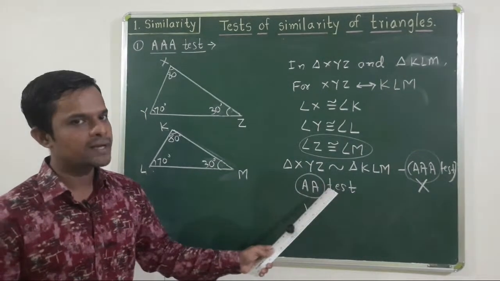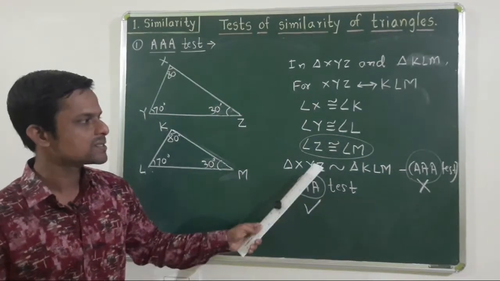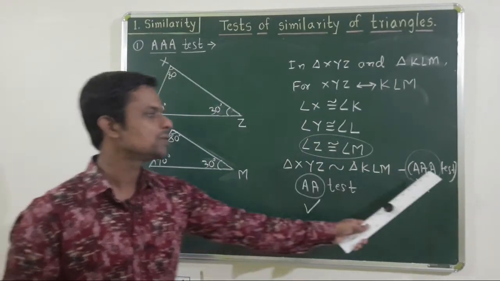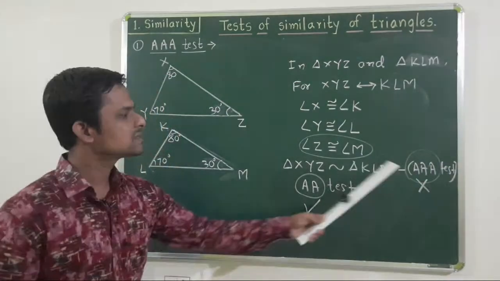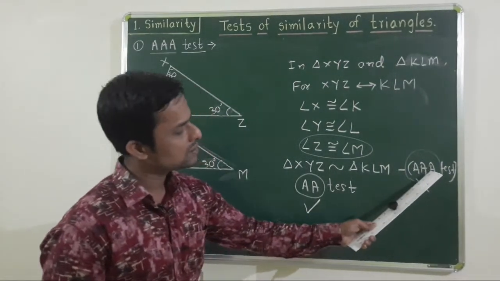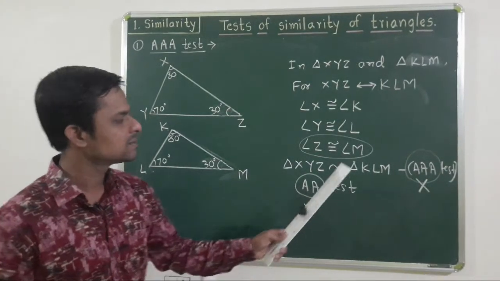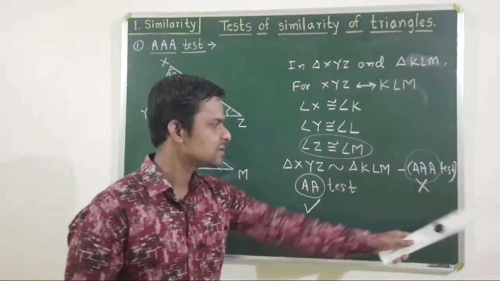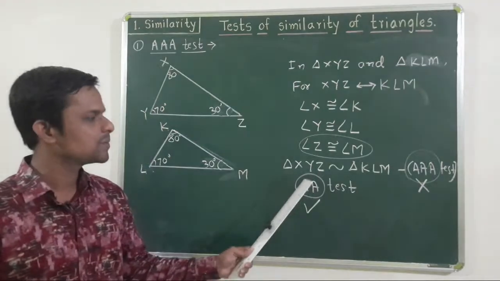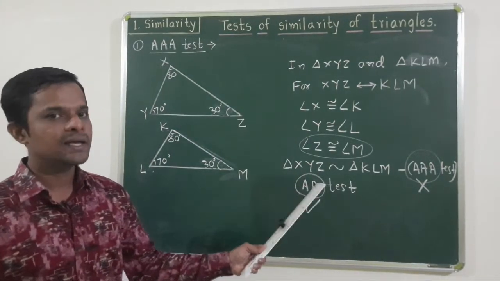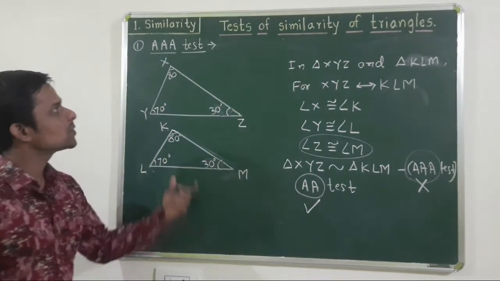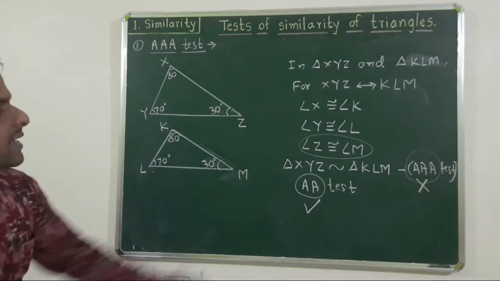Only two angles are enough to show two triangles similar. We don't need the third angle, since it is not necessary. Hence, we'll use only the AA test. There is an AAA test also, but while solving examples, we'll use the AA test only. This is about the AAA test and the AA test.